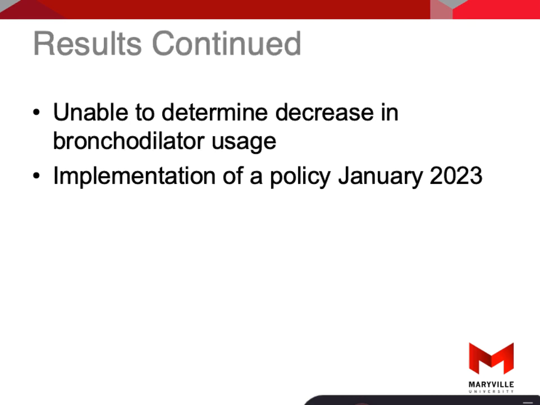The data, however, was inconclusive as to whether or not there was a true decrease in the usage of bronchodilators between the pre and post-intervention time period. This was in part due to time constraints and limited chosen population size.